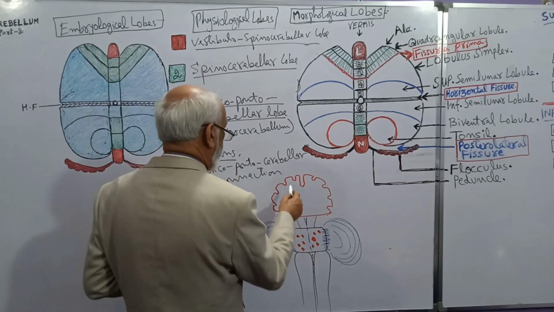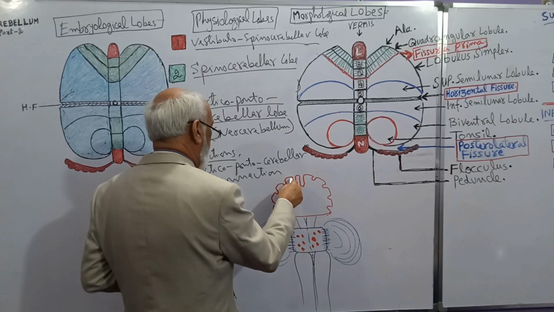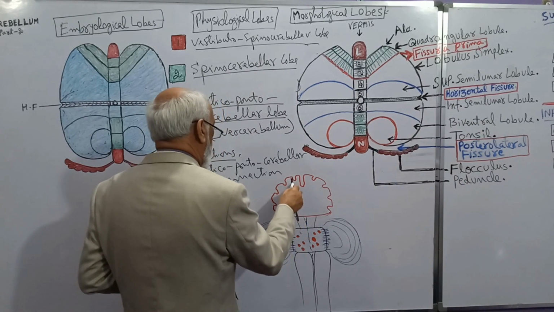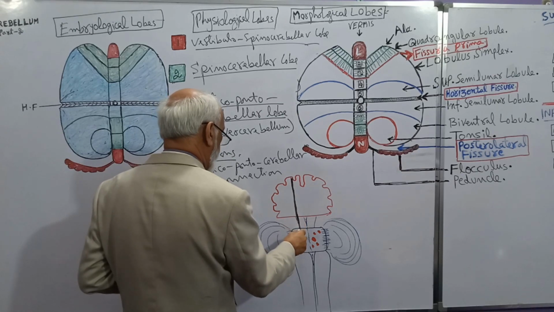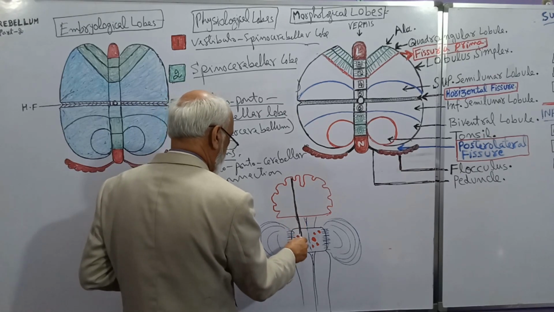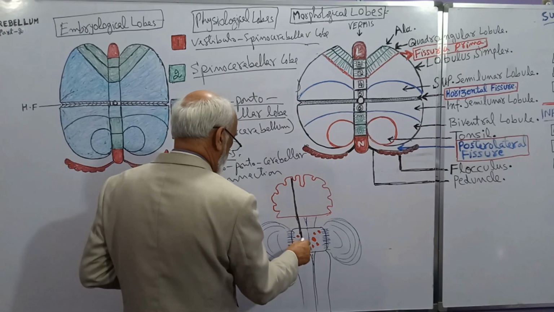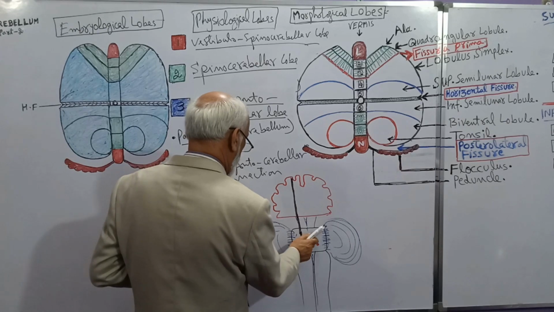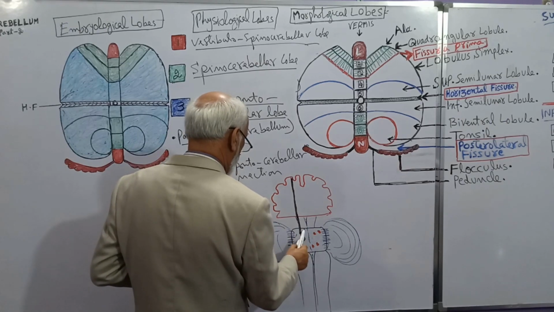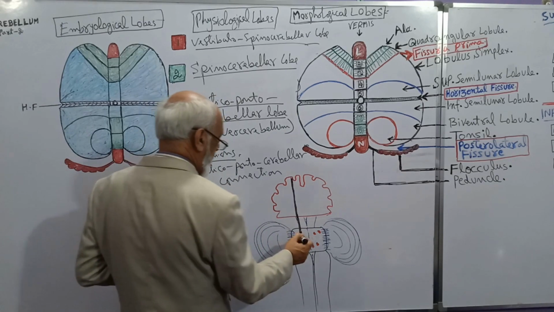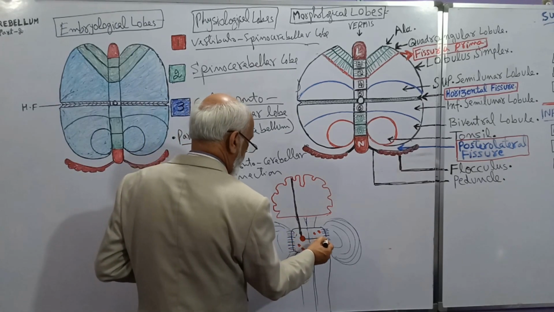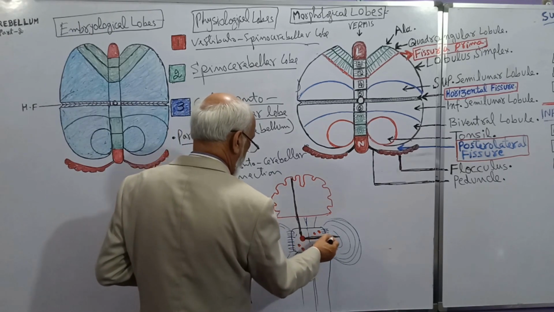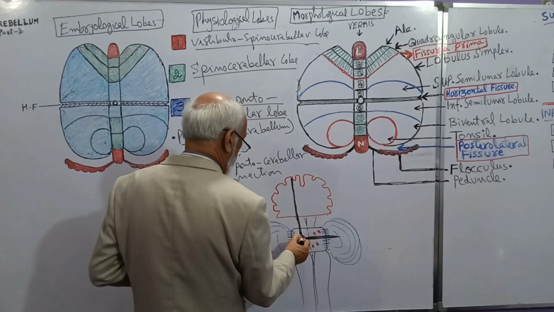From the cerebral cortex, corticopontine fibers arise, enter the pons, and terminate in the pontine nucleus. From the pontine nucleus, they cross the midline, pass through the middle cerebellar peduncle and terminate in the opposite cerebellar hemisphere.